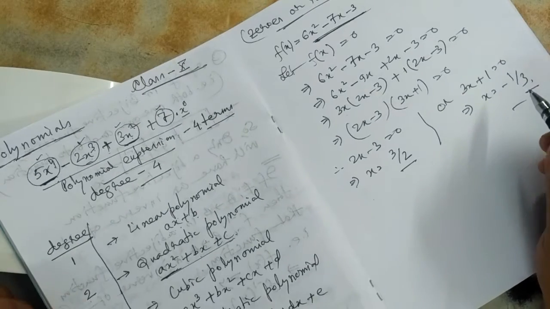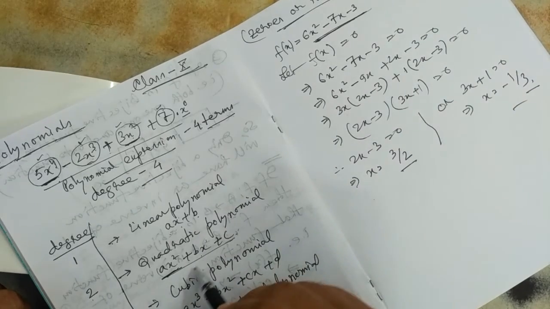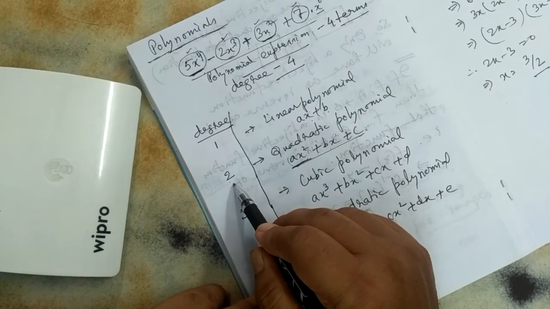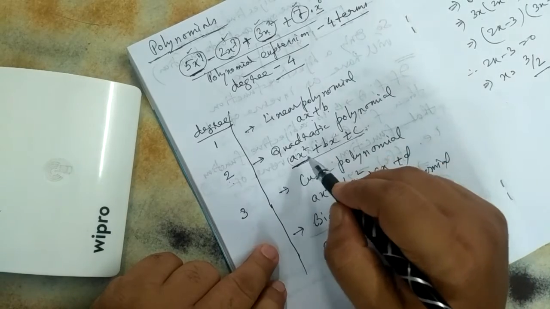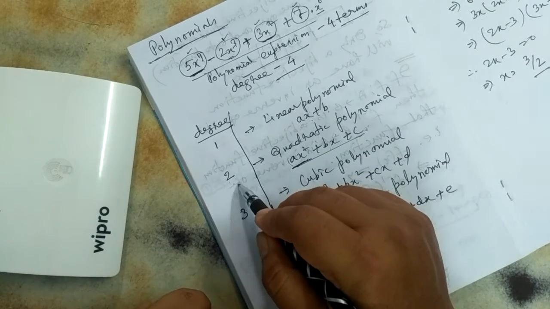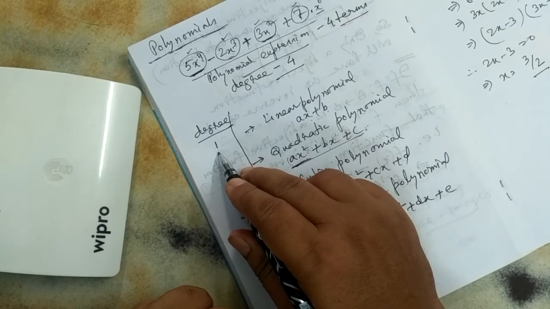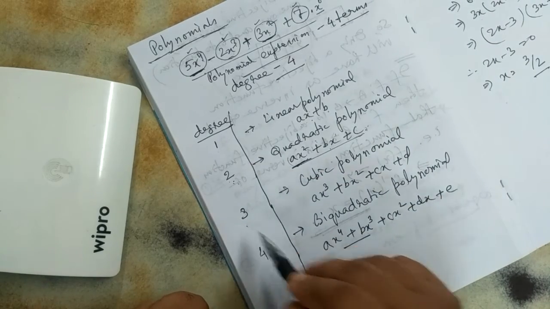One thing is to be remembered, that as it is a quadratic polynomial, the degree is 2. Quadratic polynomial means degree is 2, so it will have two roots. Degree 1 means there will be one root. Degree 3 means there will be 3 roots.